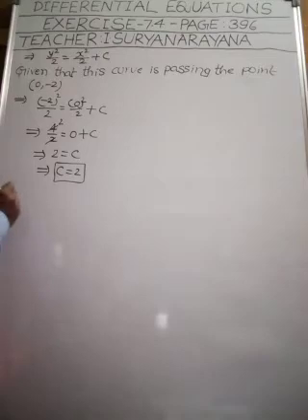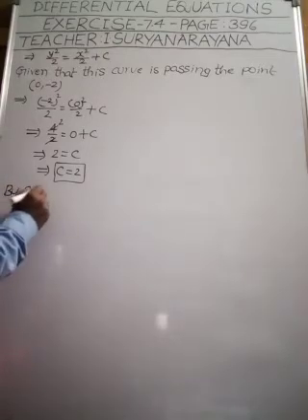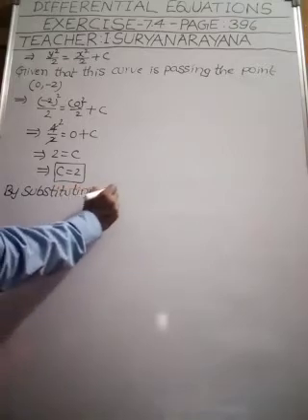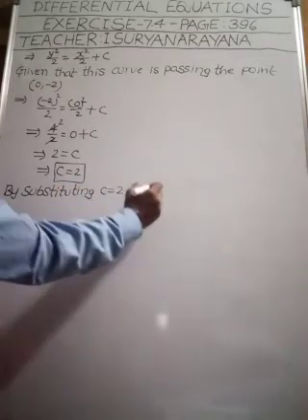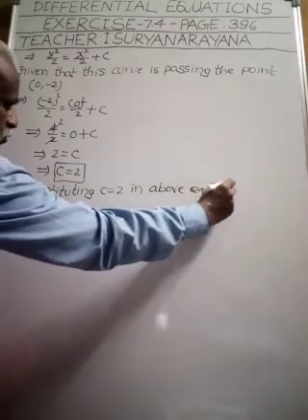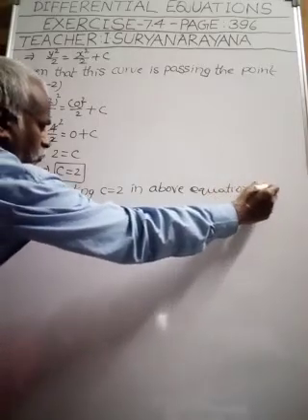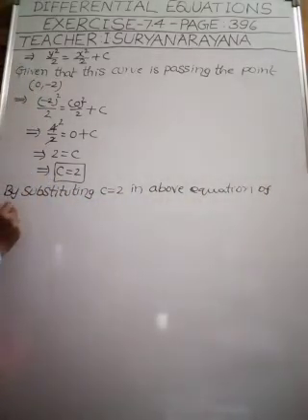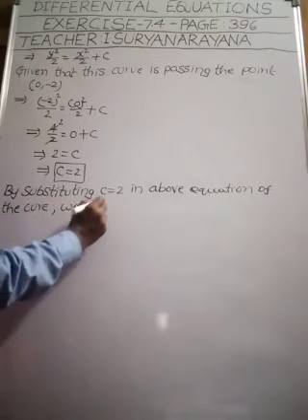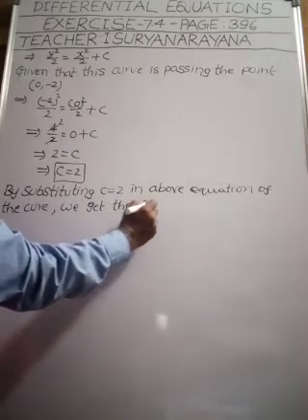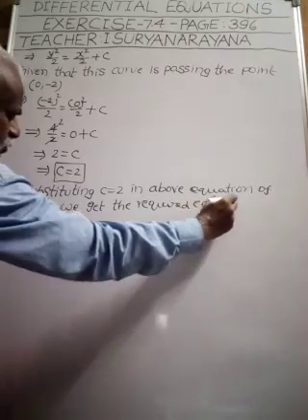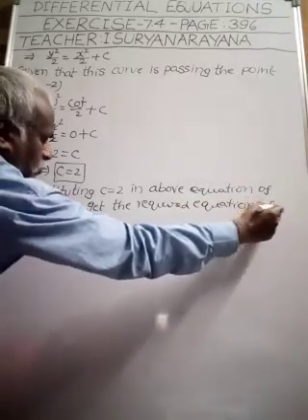Okay, my children. By substituting c is equal to 2 in the above equation of the curve, we get the required equation of the curve.